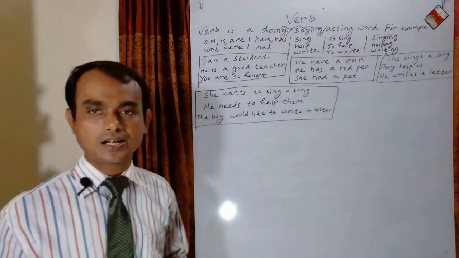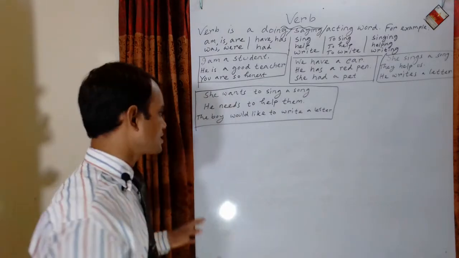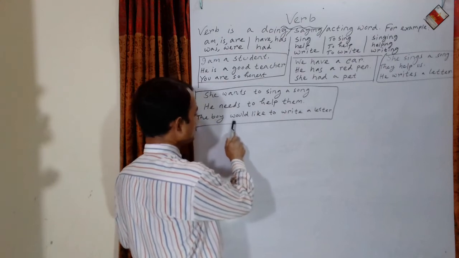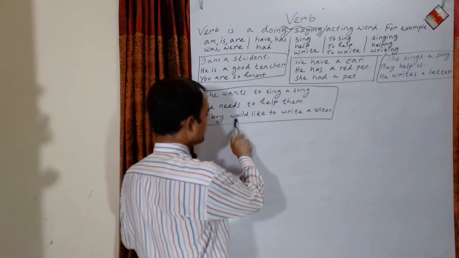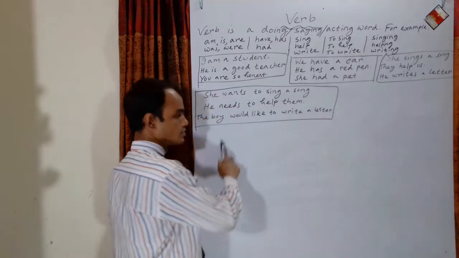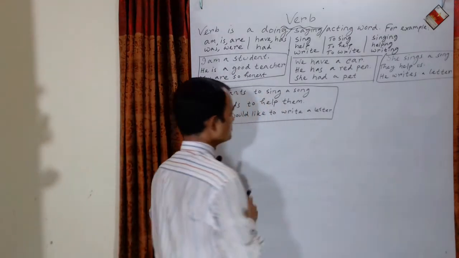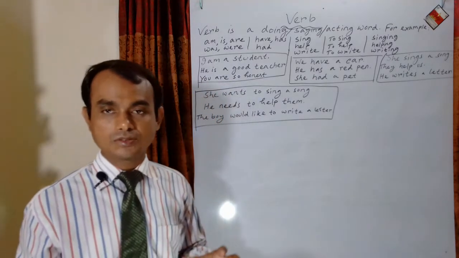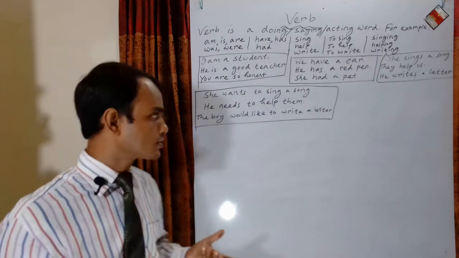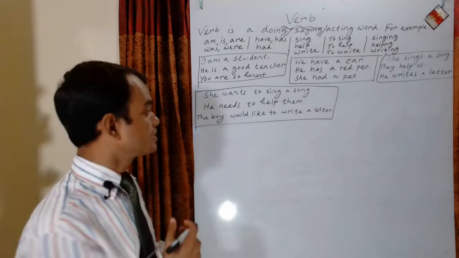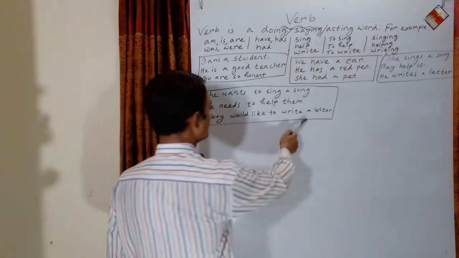These 2 verbs are telling something in the sentence. In the last sentence, we also find a verb phrase would like to. Verb phrase would like to and to write a letter. Okay. They are also verbs.